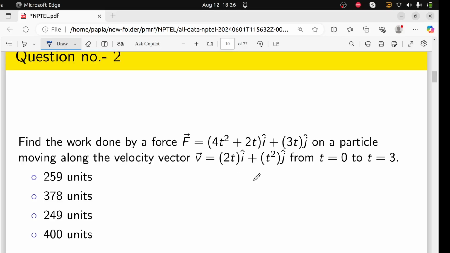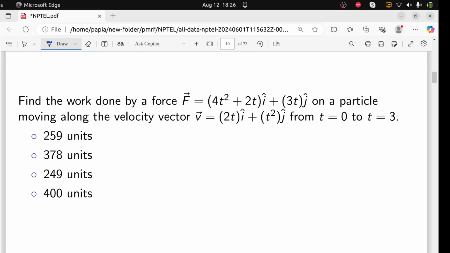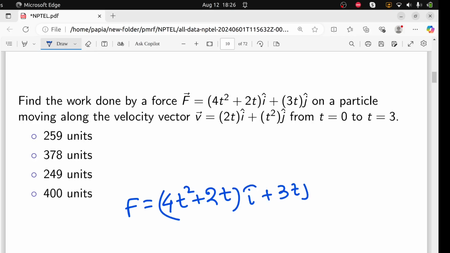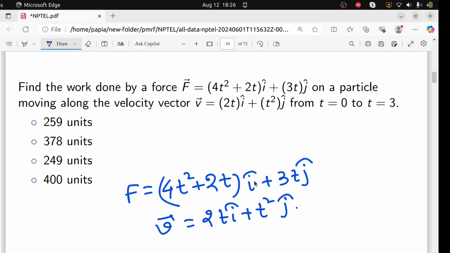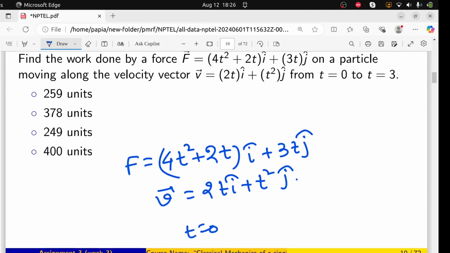Find the work done by a force 4t square plus 2t i cap plus 3t j cap on a particle moving along the velocity vector v equals 2t i cap plus t square j cap from t equals to 0 to t equals to 3.